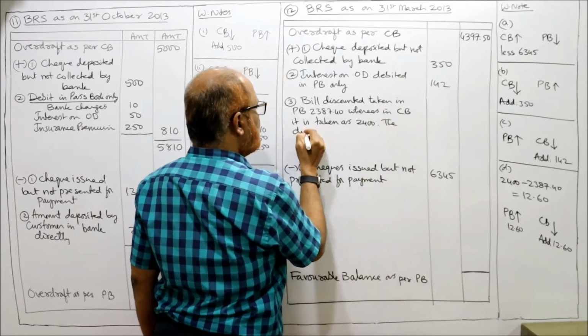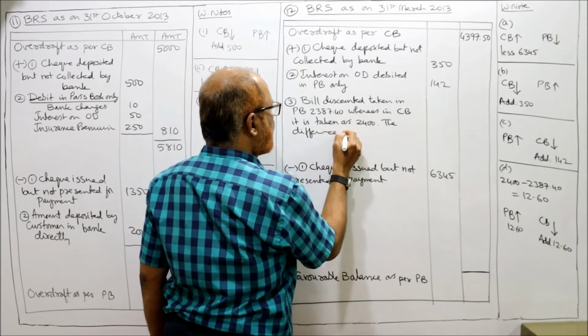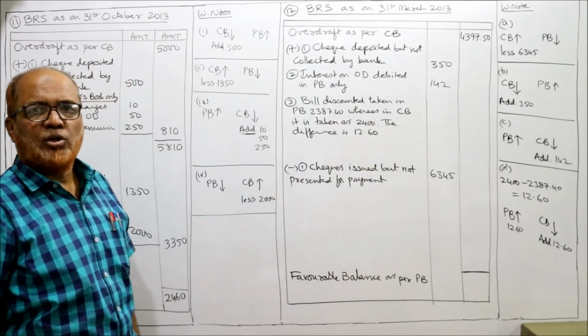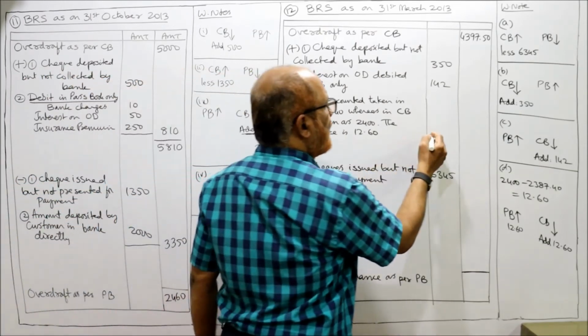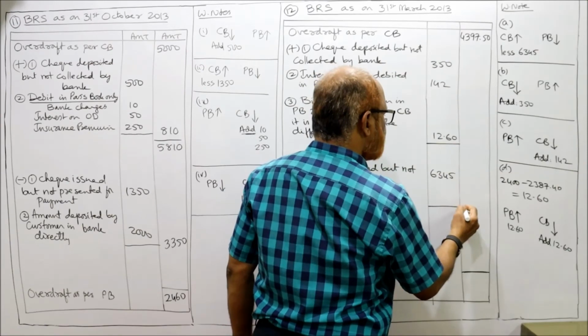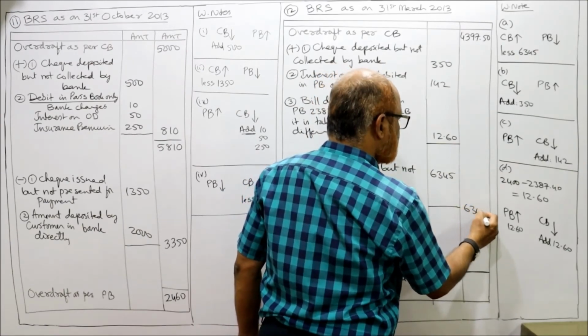The difference is 12.60. So 12.60 I am taking in the outer column. So the less items are only 1, 3, 6, 3, 4, 5.